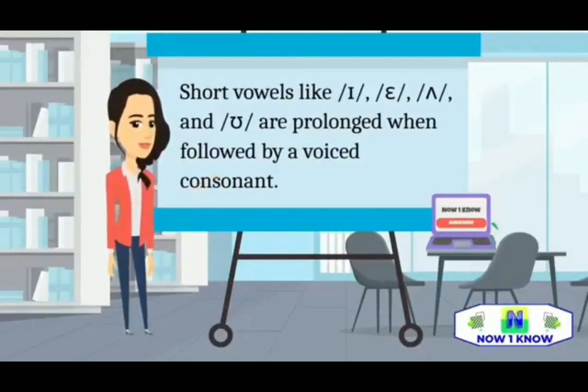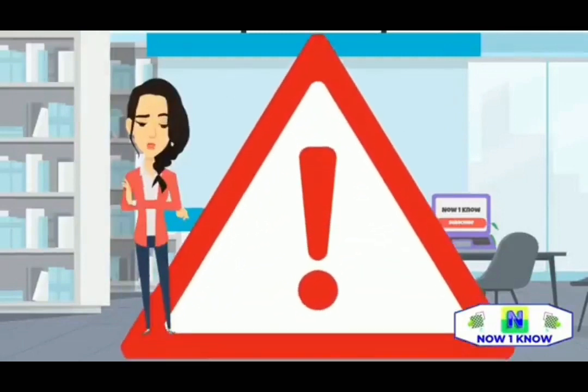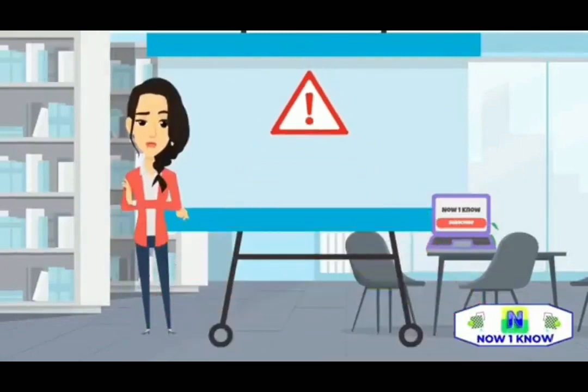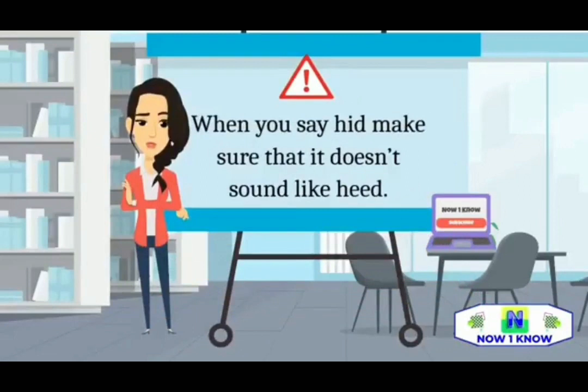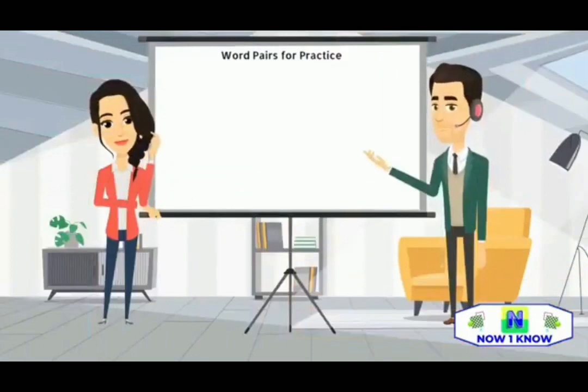For example, the A followed by a voiced consonant sounds longer, as in big. Warning: a common mistake is changing the vowel. Make sure that you do not change the sound of the vowel. When you say it, make sure that it doesn't sound like heat.